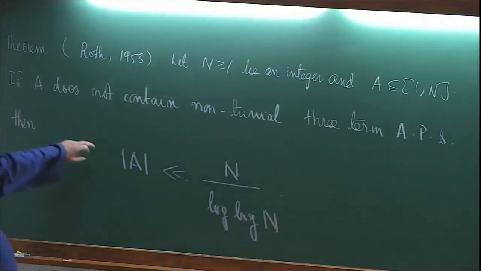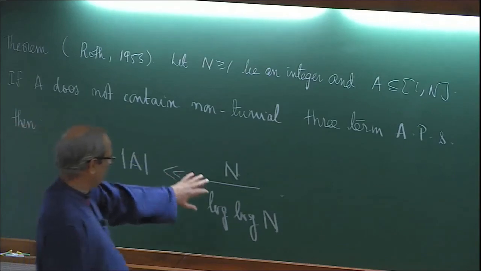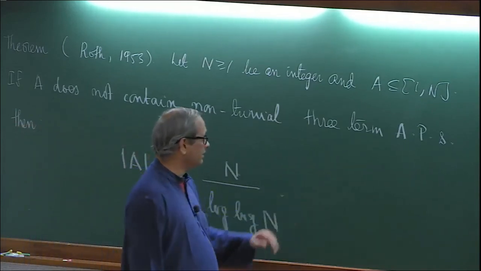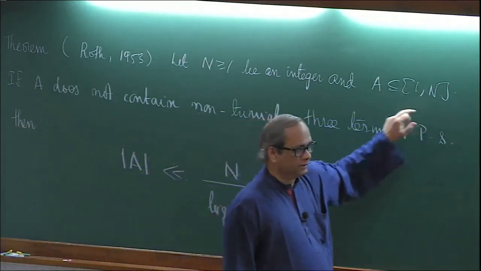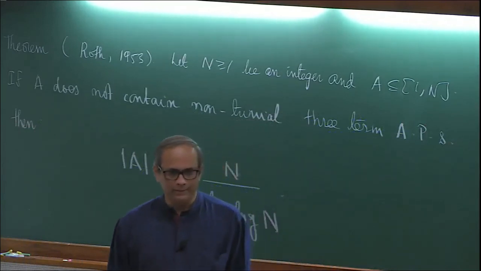So if it does not contain non-trivial three-term APs, then its cardinality is necessarily smaller, in fact of zero density asymptotically in the interval 1 to n.